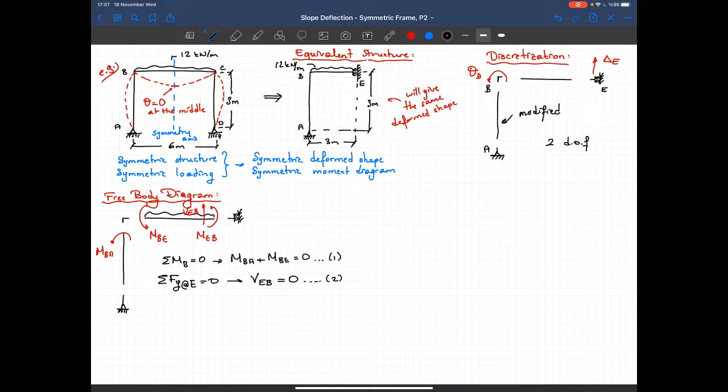Now let's write down the slope deflection equations now. I'll start from member AB.